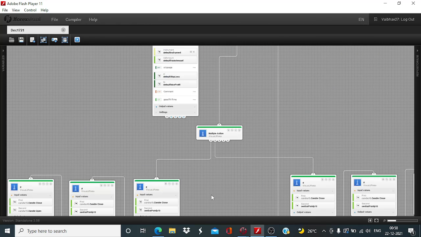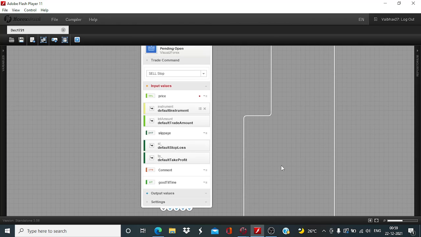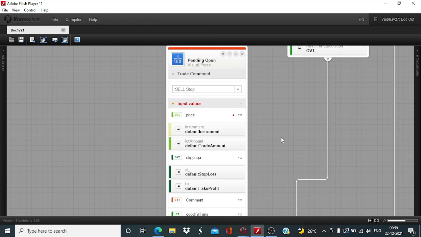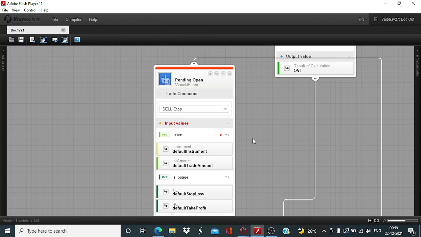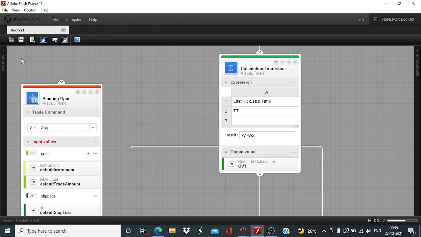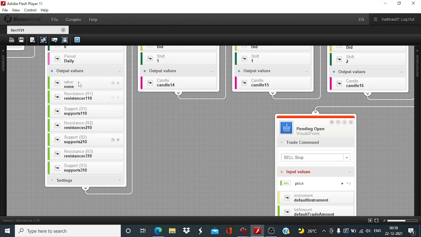Now coming to the individual parameters, we have to define the price of the entry, and that is the central point P10.